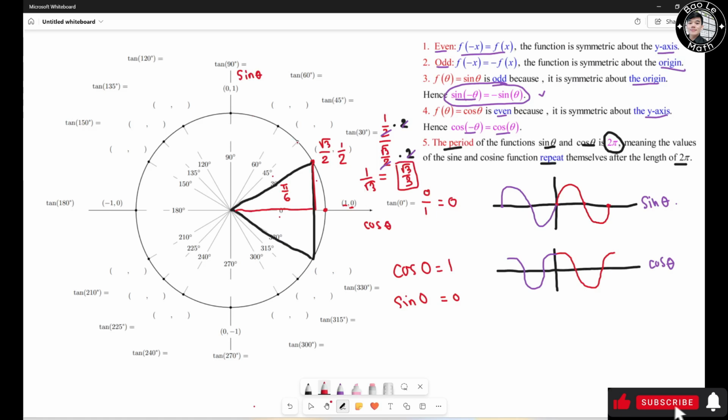Now, 45 degrees is the same thing as pi over 4. Sine of pi over 4 is going to be root 2 over 2. We can use the Pythagorean theorem in the right triangle. You just draw the right triangle right here.